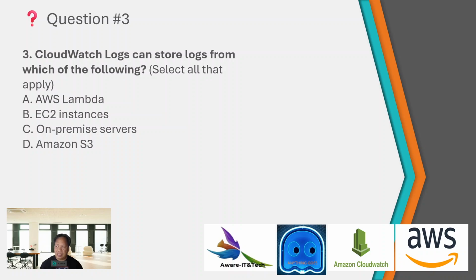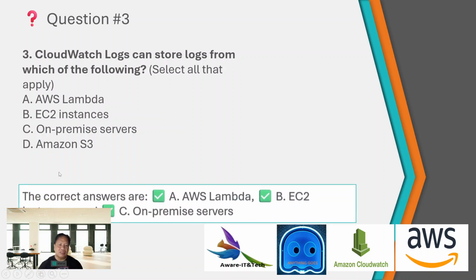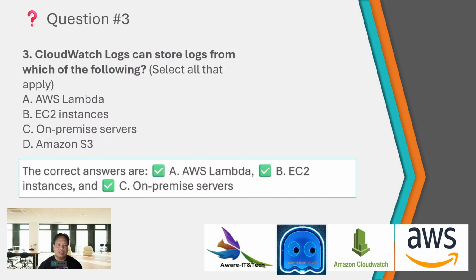Amazon S3 is not enabled by default. You need to do custom or enable those loggings before it takes the automated logging. So the correct answer is Lambda, EC2, and on-premise server.